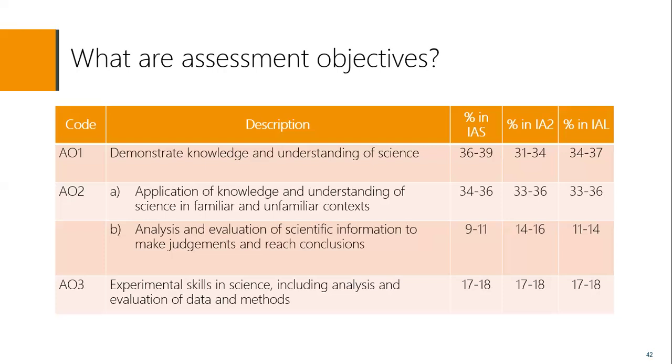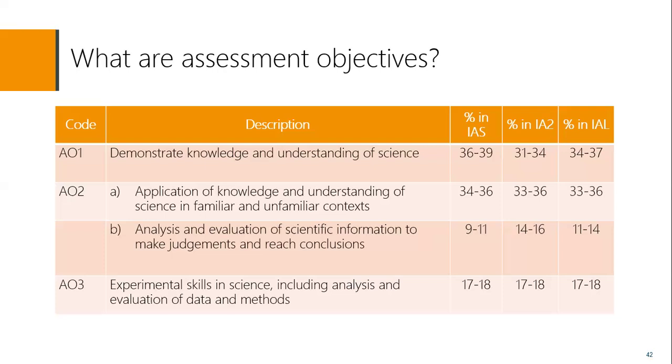AO2B is analysis and evaluation of scientific information to make judgments and reach conclusions. So questions that ask candidates to interpret data are assessing AO2B. And this will be approximately 12 to 13% of the marks across all the examinations.